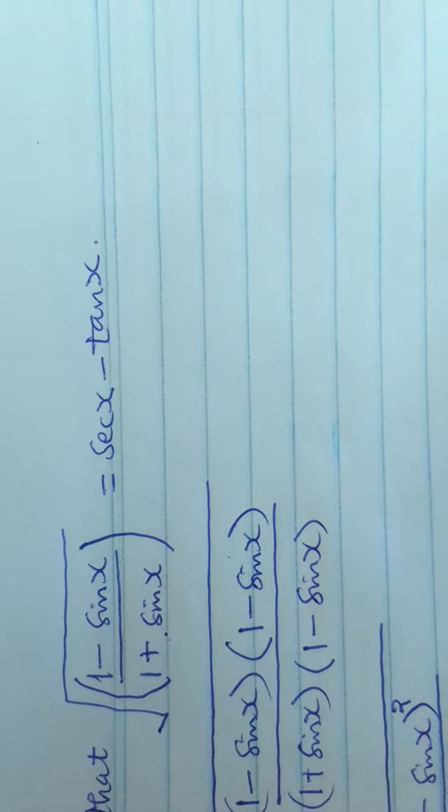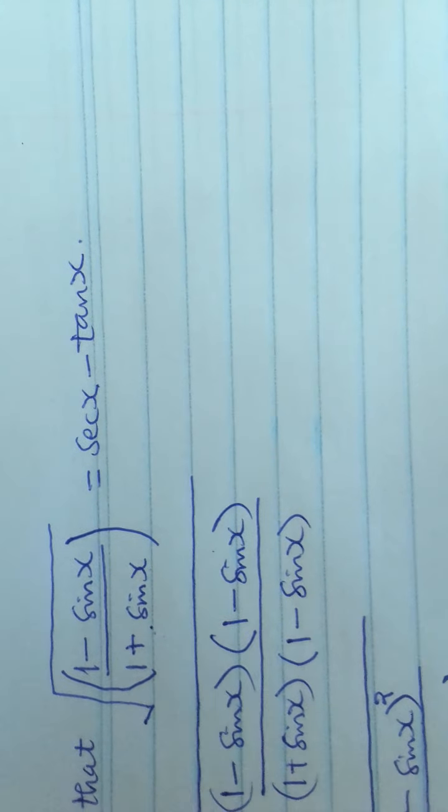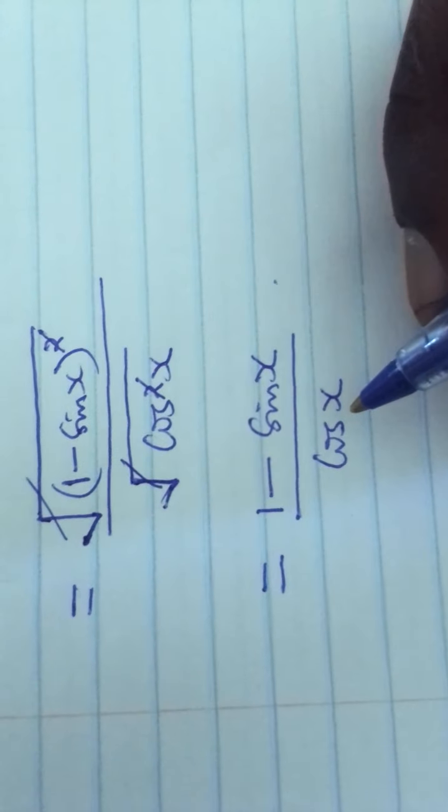Now, when you look at what we are proving, it is sec x minus tan x. So what I can do, I can divide through by cos, or I can separate this.